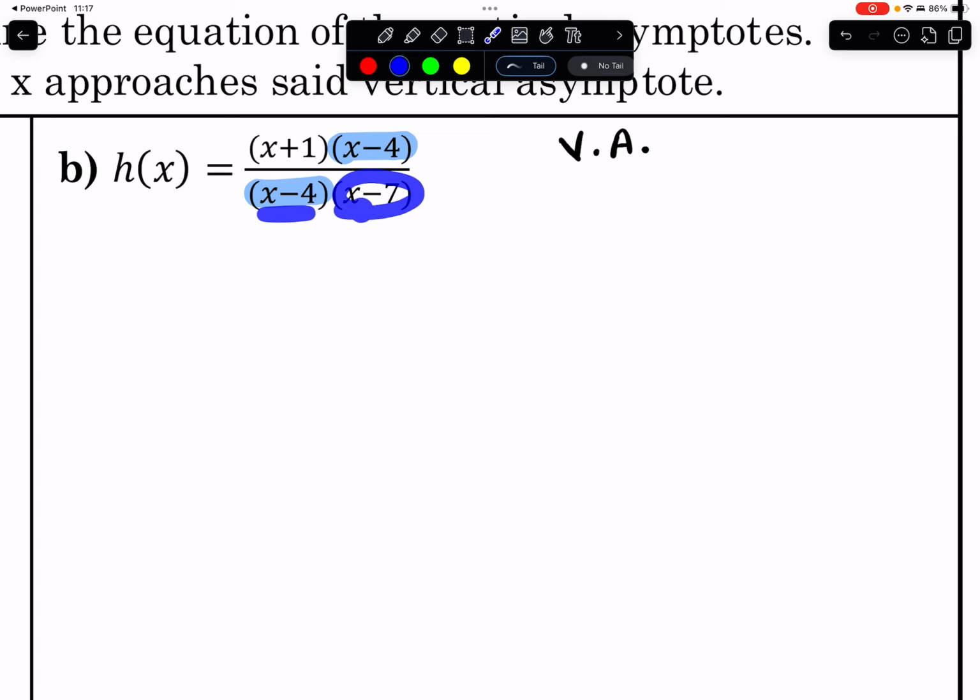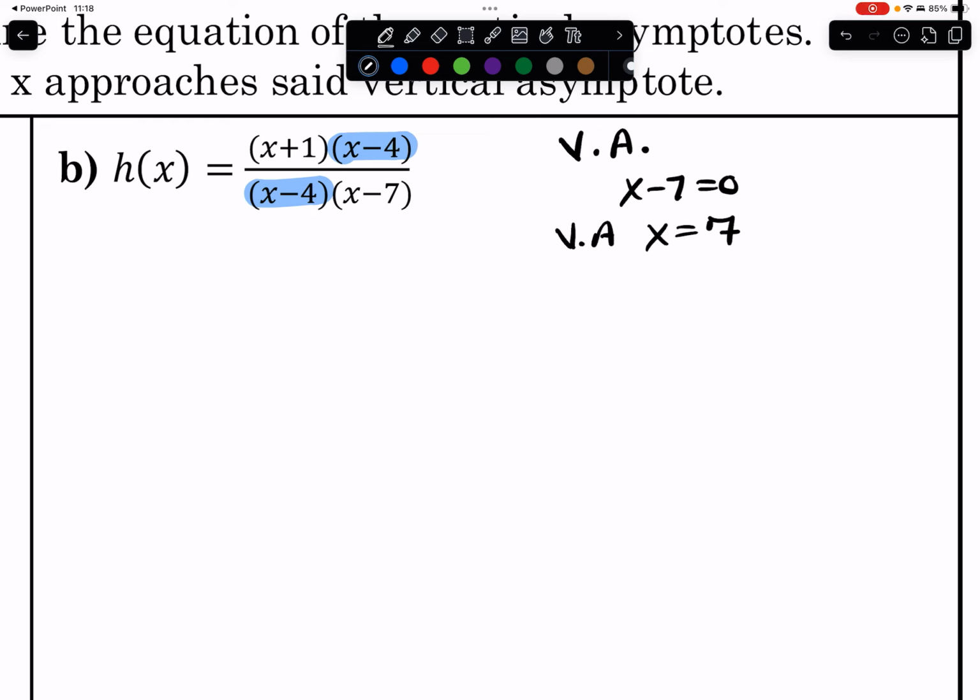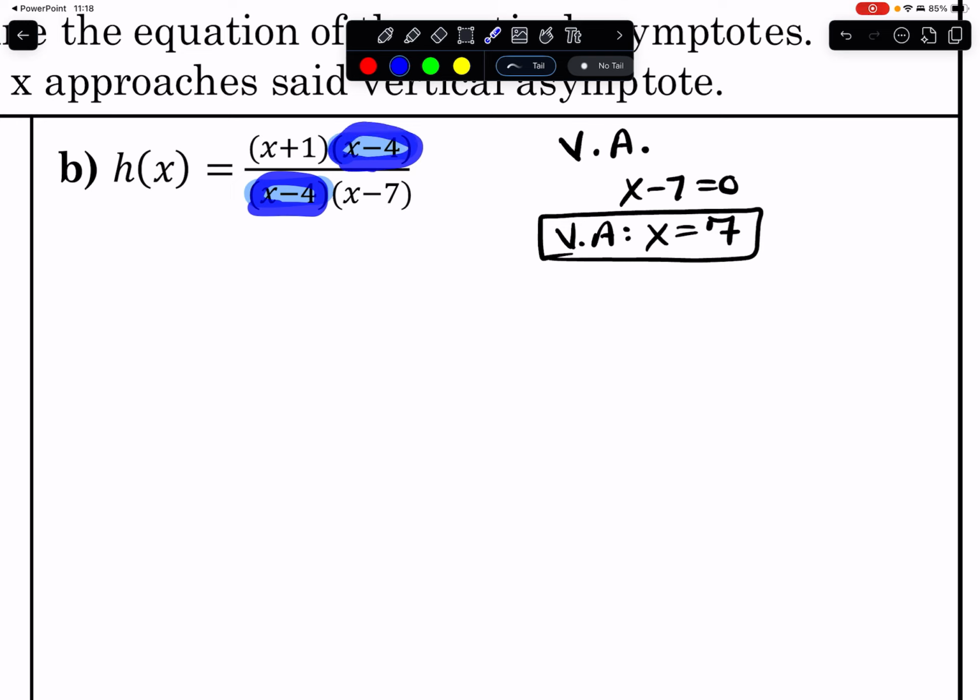I only have to worry about x minus 7 equal to 0. So x minus 7 equals 0 means that x is equal to positive 7. That's going to be my vertical asymptote at x equals 7. The reason I don't worry about this one is because that one matches the top. The only places I have a vertical asymptote is if there are no common factors.